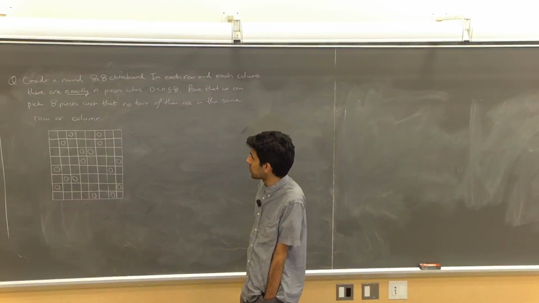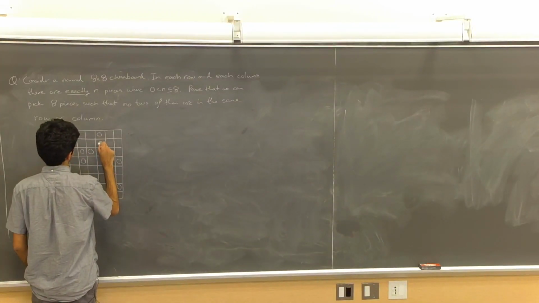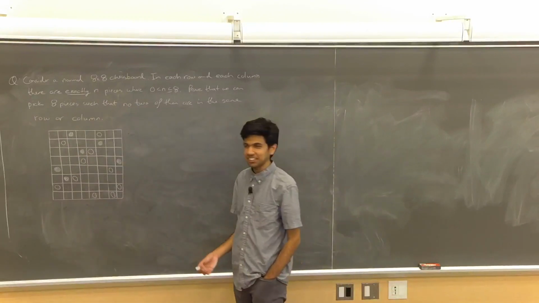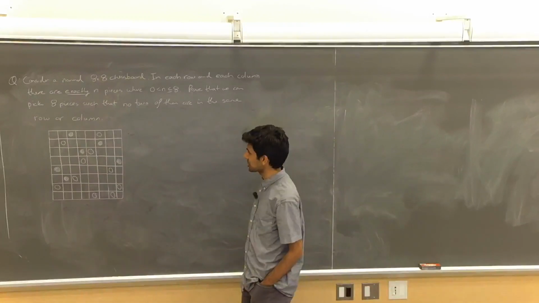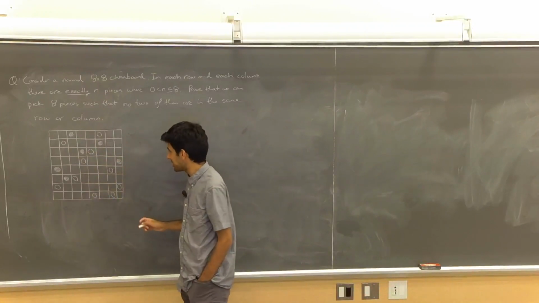So let's see which 8 pieces I could select. Just to highlight how non-trivial this actually is, I just started coloring in some of these hoping that I would solve it.